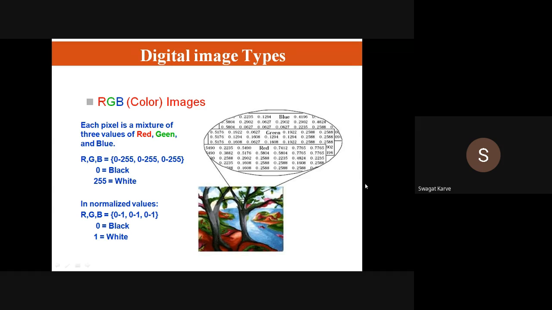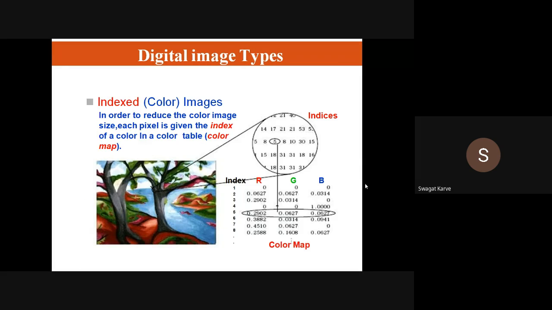These many colors you will get if you choose b as 24, and that type of image is known as a color image.